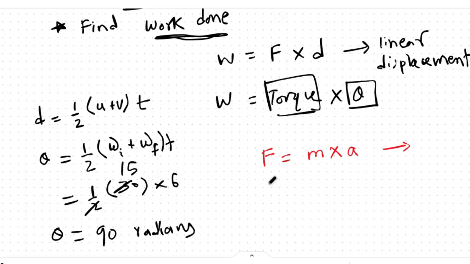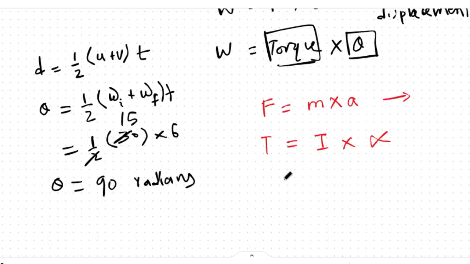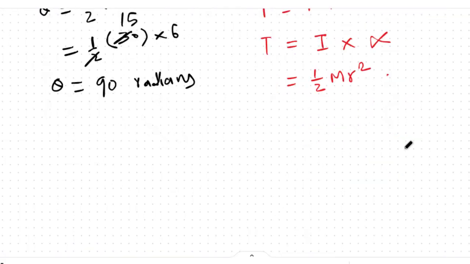If you want to find the torque for the angular acceleration, torque is equal to moment of inertia into angular acceleration alpha. We know the moment of inertia, that is 1/2 mr square, and alpha is angular acceleration. We don't know this, but we can calculate it using a formula.